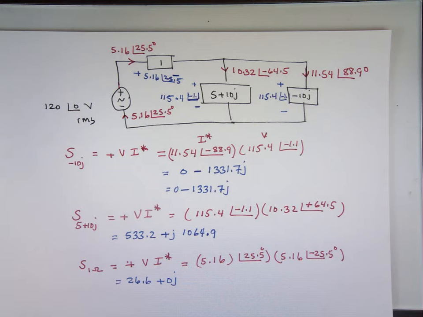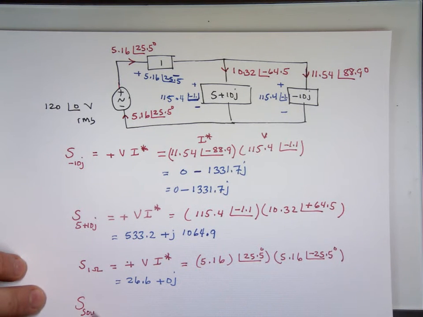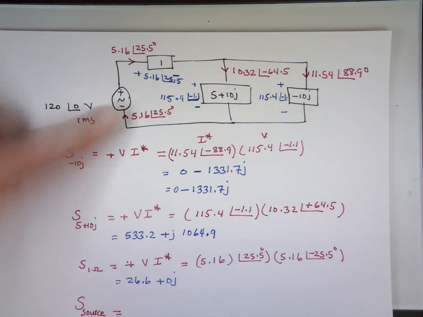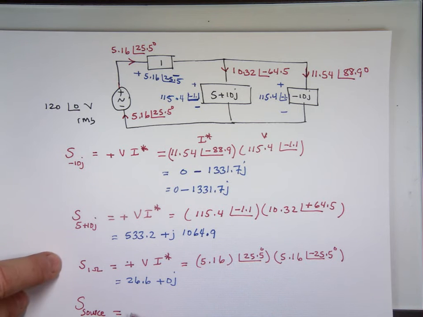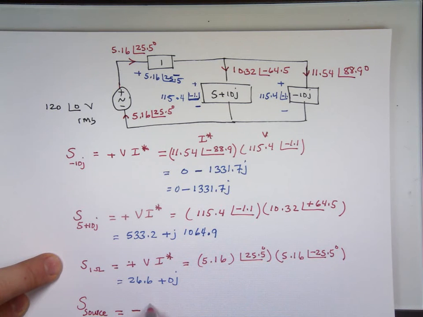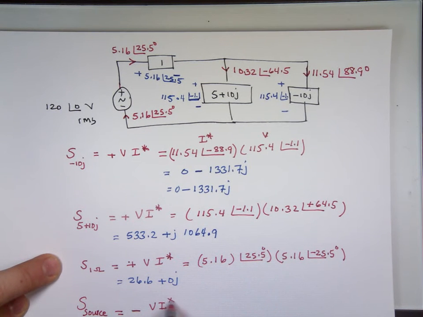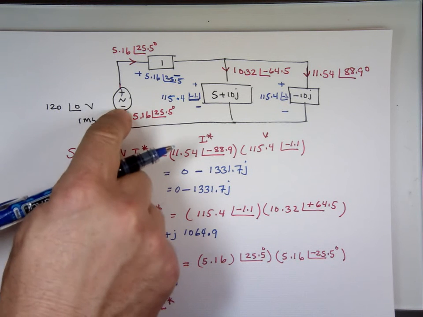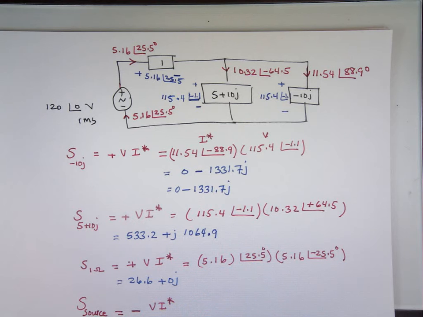And what is the source now? Notice the source is going to be supplying the power. So it's a minus. Minus means supplying. You have the current entering the negative end of the source, so that's going to supply the power. So here's the minus sign.